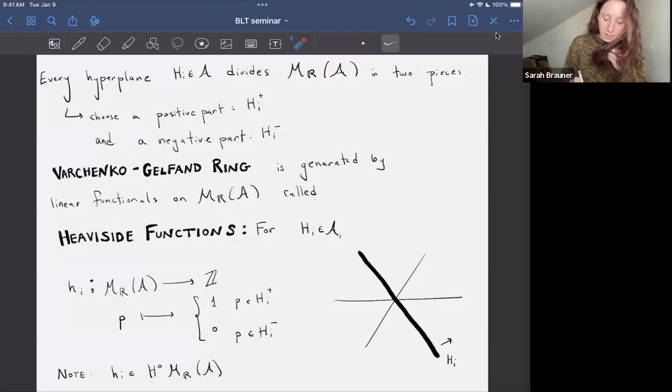So we can think about this at the level of chambers because it's the same on every chamber. I can think about this linear functional as having a 1 on this chamber, a 1 on this chamber, and then zeros over here. Okay, and so they're actually elements of the zeroth cohomology space, which is where the whole cohomology ring is going.